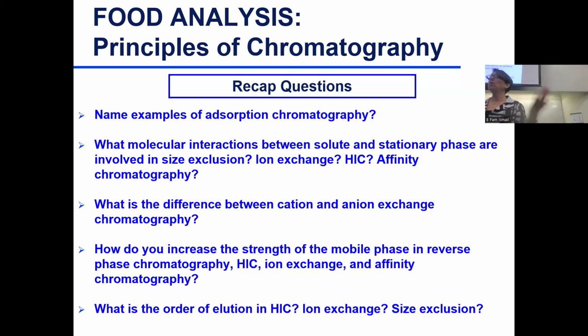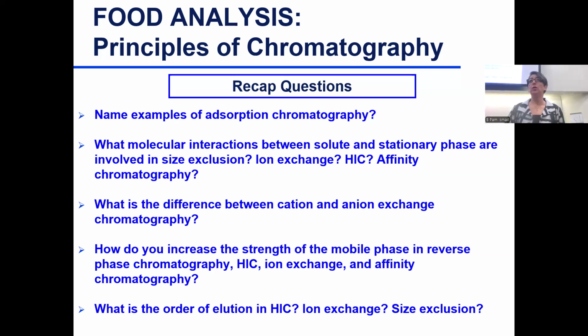Which one, water or the organic phase? You increase the concentration of the organic phase. That is in reverse phase. In normal phase, you increase the concentration of the polar compound. It's the opposite.